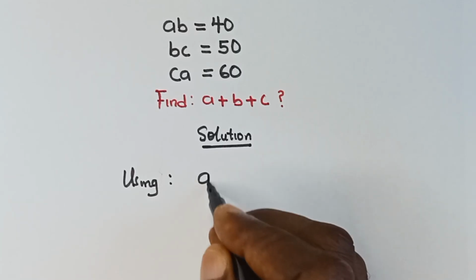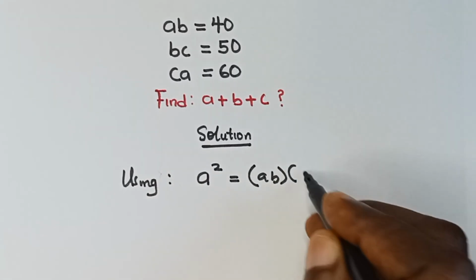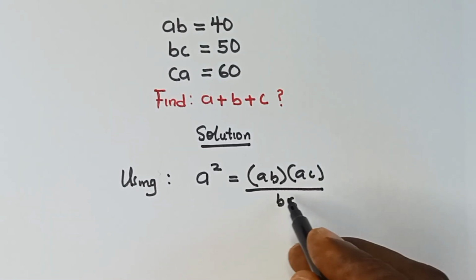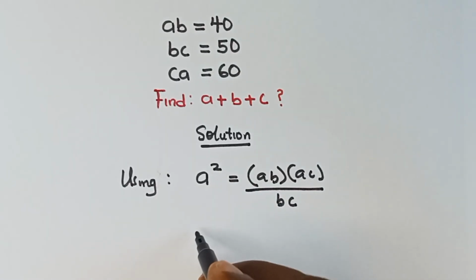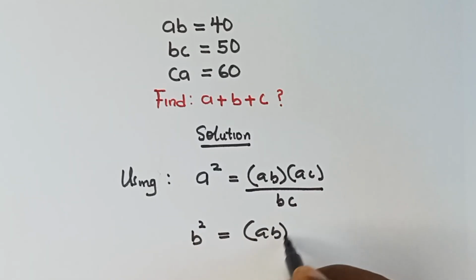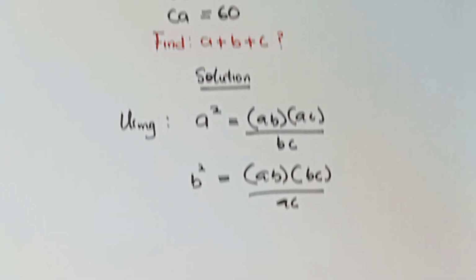Using A square equals AB multiplied by AC divided by BC. All right, this is how to calculate the square of A. And then our B square will be AB times BC over AC.